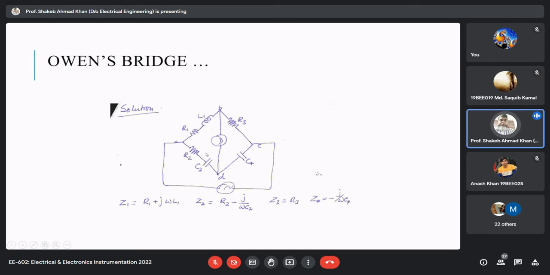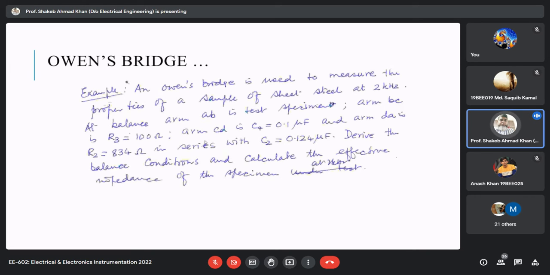Once the bridge is balanced for the good sheet steel, they bring the specimen and connect it here. Whenever it becomes unbalanced, because the sheet steel does not have the impedance value which a good quality sheet steel will have, the bridge becomes unbalanced because the impedance is not the same. This is one way that quality control is done using electrical testing methods. This is widespread. So this is the application. Anyway, you solve the problem. I just described the application to you.